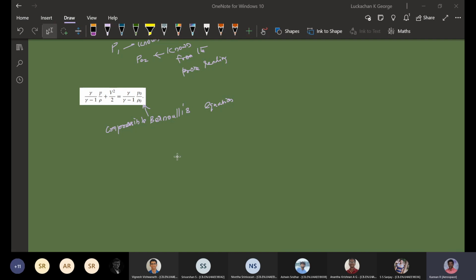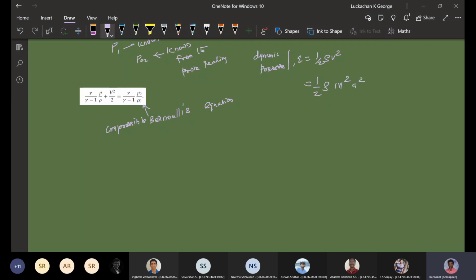Now we know that the dynamic pressure Q is equal to half rho V square. This V square I can write as half rho M square A square.